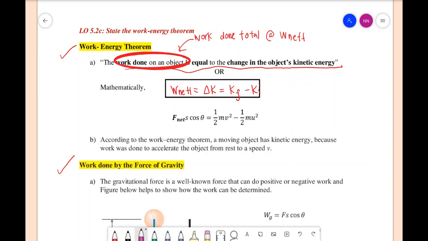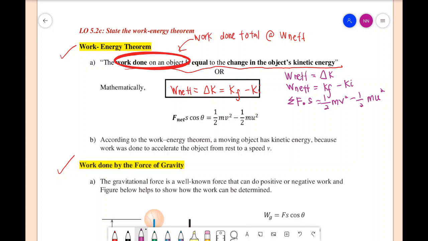So maybe we can write it like this: work net equals delta K, where delta K is K final minus K initial, and work net is the net force dot s. Kinetic energy final is half mass times final velocity squared, and kinetic energy initial is half mass times initial velocity u squared.